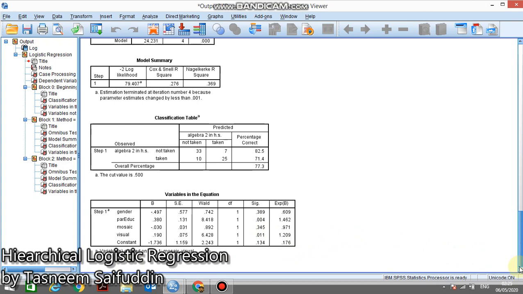The most important table here for this interpretation is the last table, variables in the equation, and it tells us that when only the 3 variables are entered, mosaic and visualization test are significant, but when the 4 variables are added combined, then visualization is not significant, mosaic is not significant, and gender is not significant.